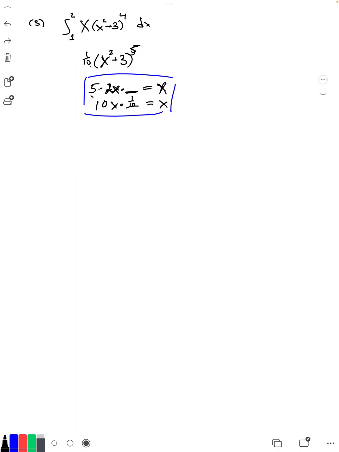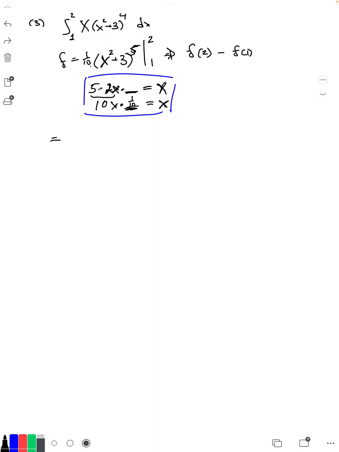So we're left with 5 multiplied by 2x, which is 10x, multiplied by something in order to get an x, which gives us 1/10. So f equals 1/10 multiplied by x squared plus 3 to the power of 5, and then 2 and 1. So now we're just gonna do f of 2 minus f of 1.